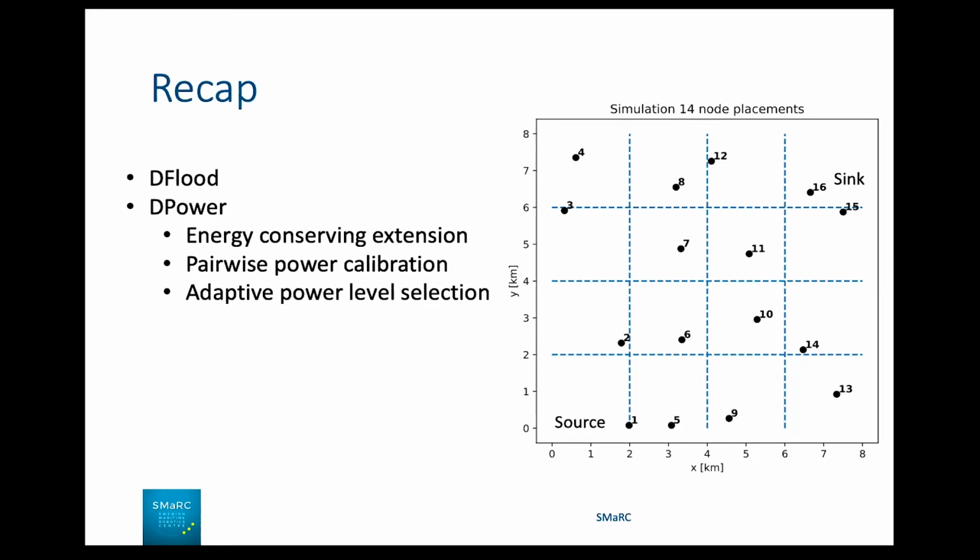energy consuming. So I wanted to put on an additional protocol that would calibrate the transmission power levels amongst the nodes in the network, and then on the fly, when DFlood is about to send packets, it can select suitable power levels.